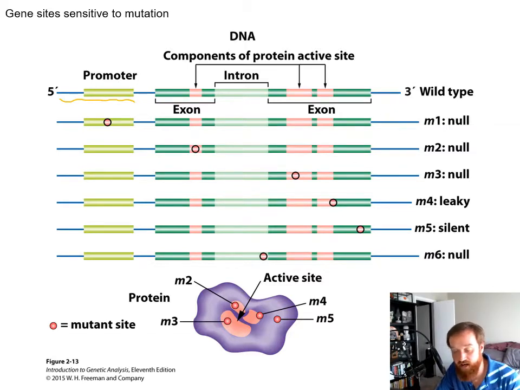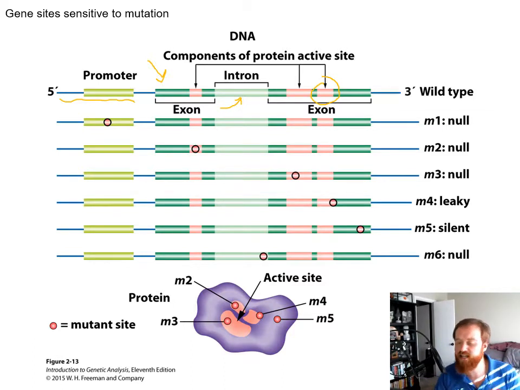We have exons. So exon is the region that is actually turned into RNA and then thus turned into a protein. Introns are little regions inside the gene that don't actually get turned into the protein product, so they're spliced out during mRNA splicing. We'll get into all of that stuff later. We have another exon here at the end, and we also have these pink regions that are the protein active sites.